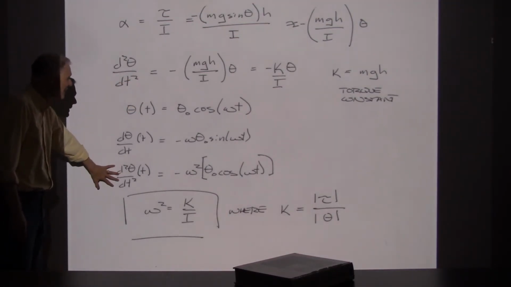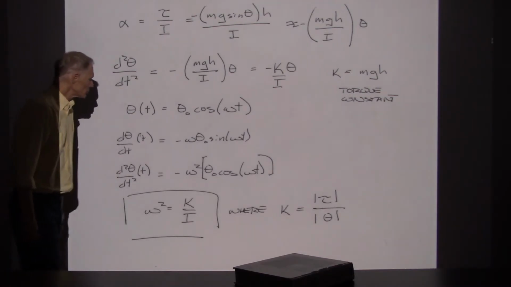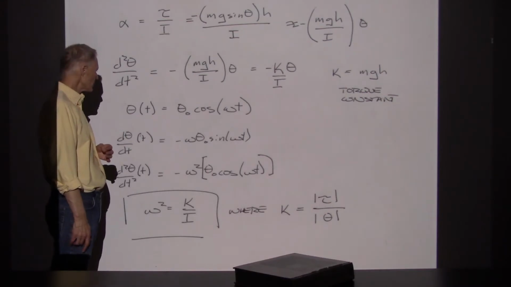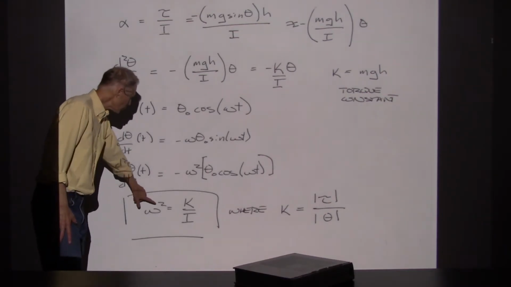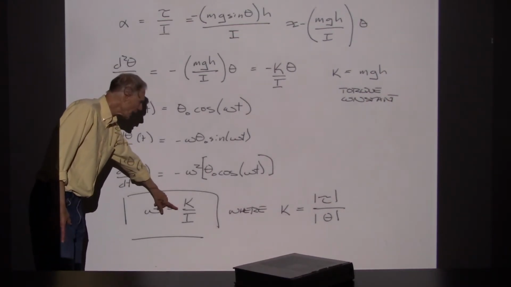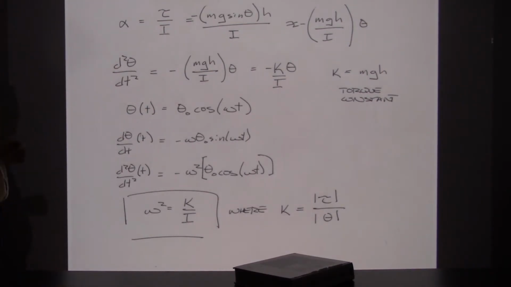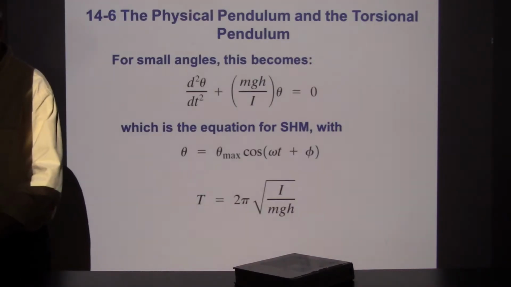And this is the angular acceleration. So omega is doing kind of double duty here. That's dangerous. In any case, omega squared is k over I. So this establishes, I hope, that we can apply this for a physical pendulum.